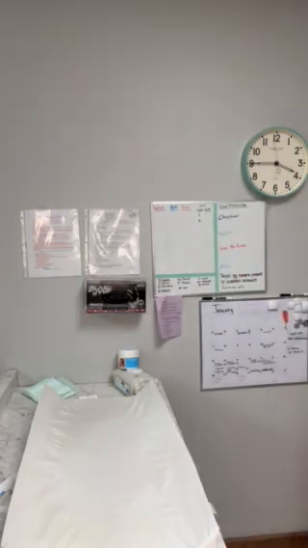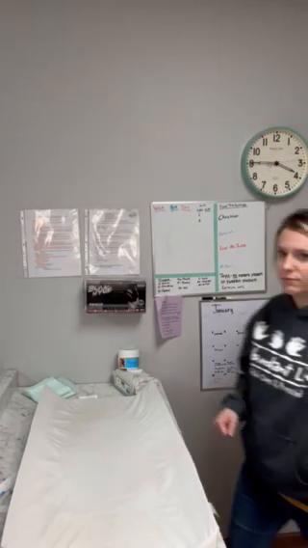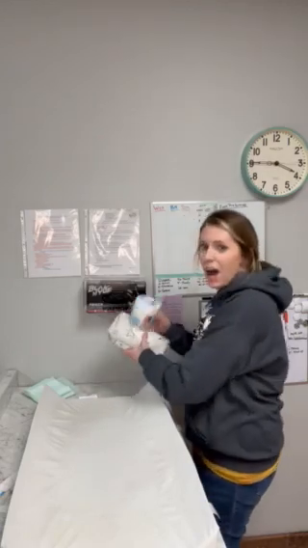Before you wash your hands, you should make sure you throw away all of the dirty items into a covered trash can, and then go wash your hands. Clean. Items put away.